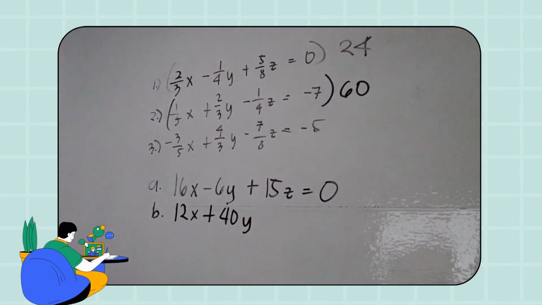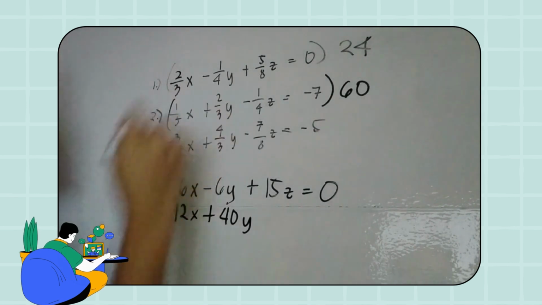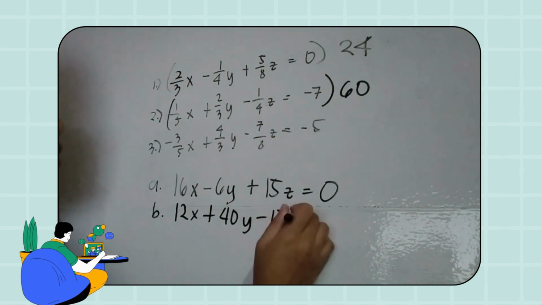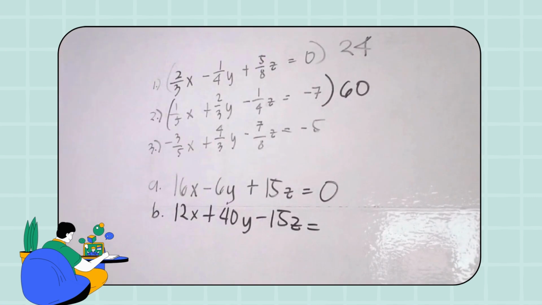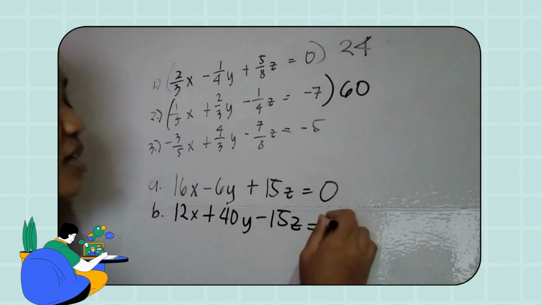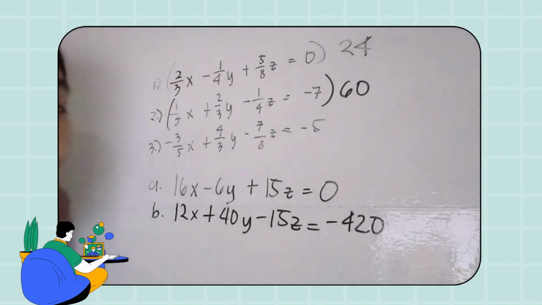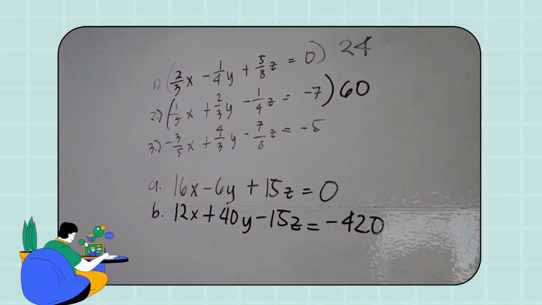And 60 divided by 4 is 15 times negative 1, which is negative 15z. Equals negative 7 times 60, which is negative 420. So this is the simplified version of equation 2.